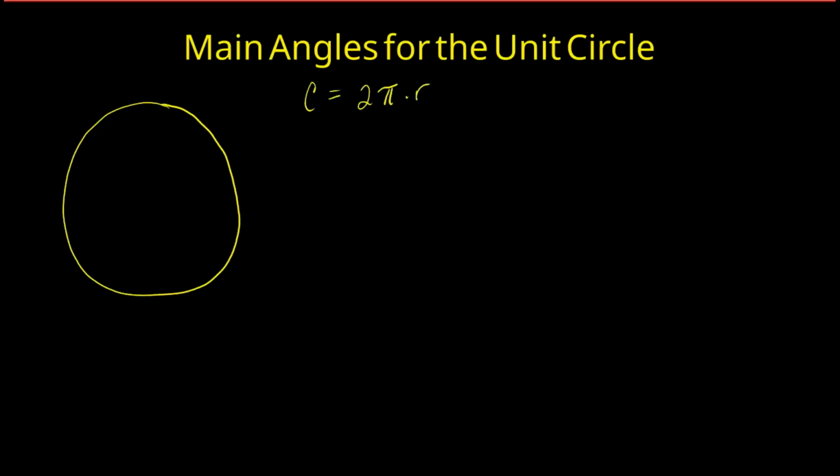Well, if we let the radius equal 1, then circumference is equal to 2 pi. So we're going to start from this point here and move along the circle counterclockwise until we form whatever angle that we desire.